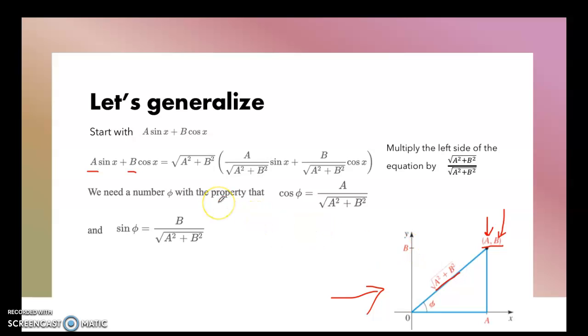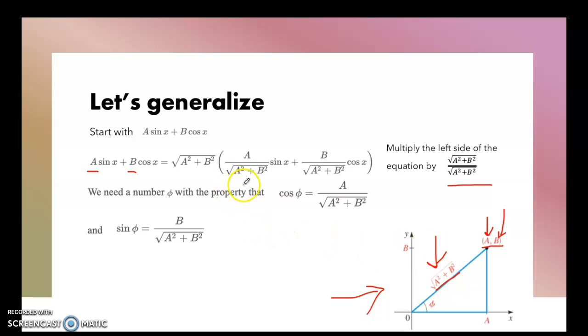Then what we do is we multiply both sides of this equation by root a squared plus b squared over root a squared plus b squared. In other words, we're going to find an equivalent expression, multiplying both the numerator and the denominator by the hypotenuse.